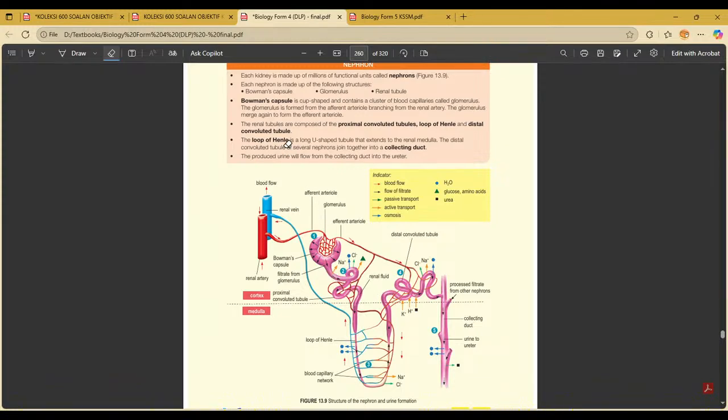So, produced urine will flow from the collecting duct to the urethra. So, glucose, amino acids, urea. It reabsorbs at the proximal convoluted tube via active transport.